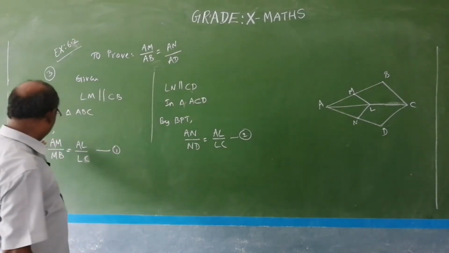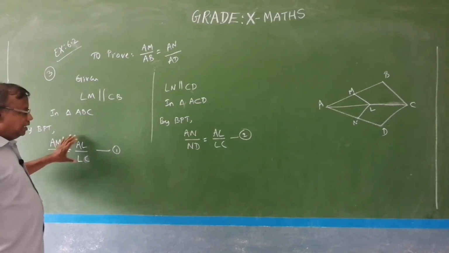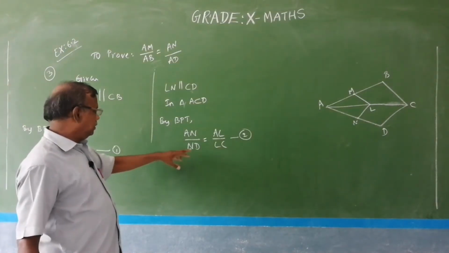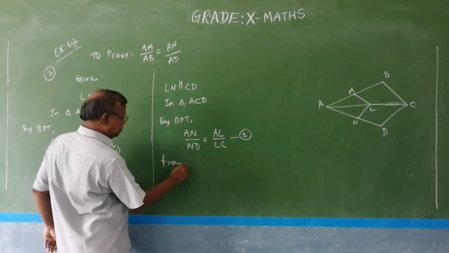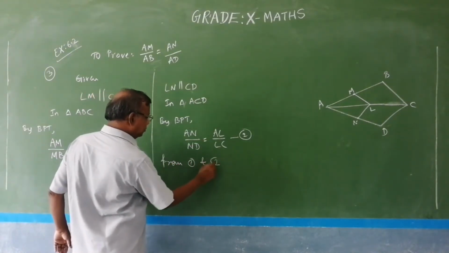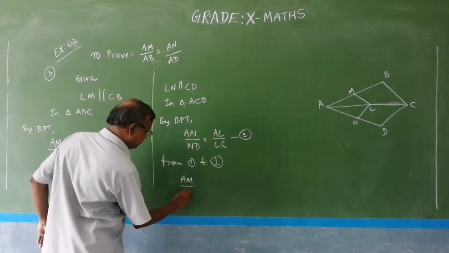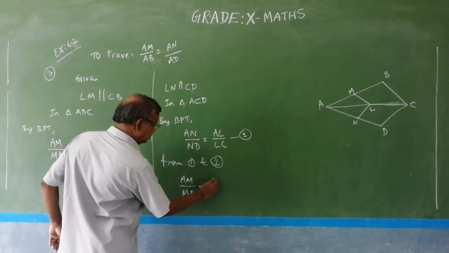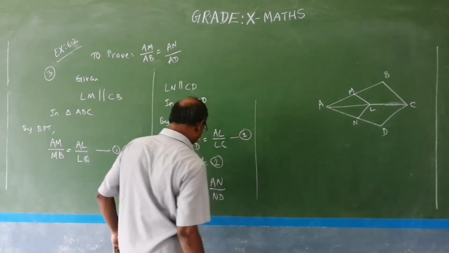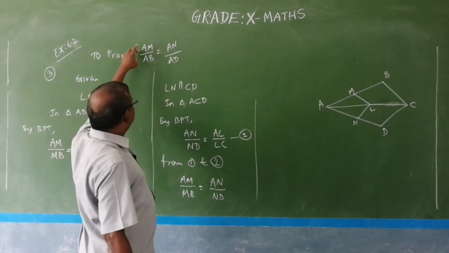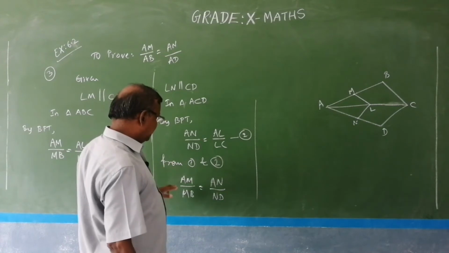So this is also AM by MB is equal to AL by LC, and AN by ND is also equal to AL by LC. So from 1 and 2 we have AM by MB equal to AN by ND. But here we need to prove that AM by AB equal to AN by AD. So let us take reciprocal.